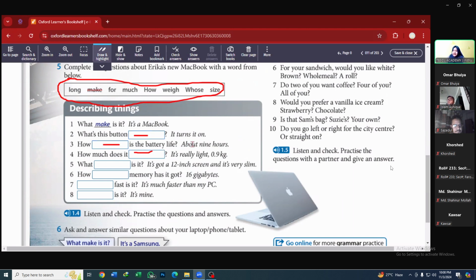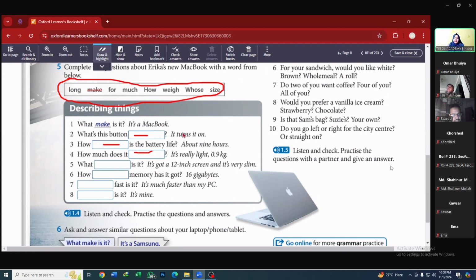After completing these questions, we will get the description of Erica's new MacBook. That is how we will learn how we can question about things and get information about that certain thing we're talking about, right? And it's the opposite way as well. We will also get to know how we can answer those questions correctly, appropriately, with proper details.